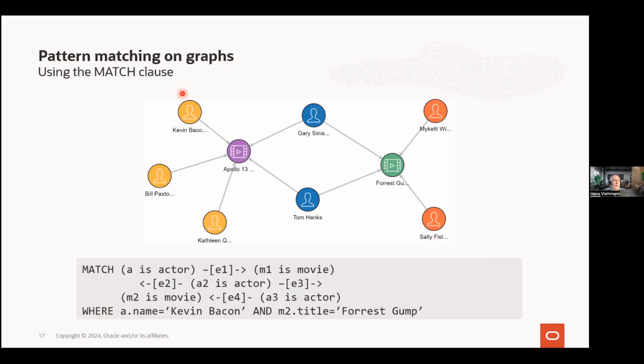But what is easily overlooked is that a valid path goes from here to here to here to Forrest Gump, and then back to Tom Hanks, or from here to here to here to there. That's also a valid path, so that would be 6. And then the other ones are the 2 going up above here, right? So it is indeed 8 matches.